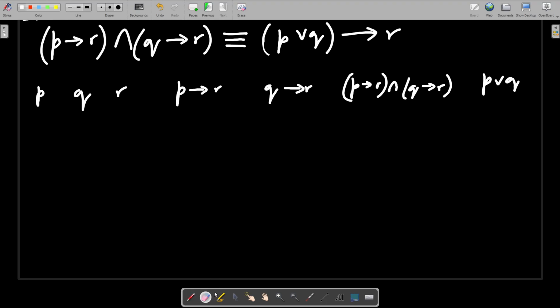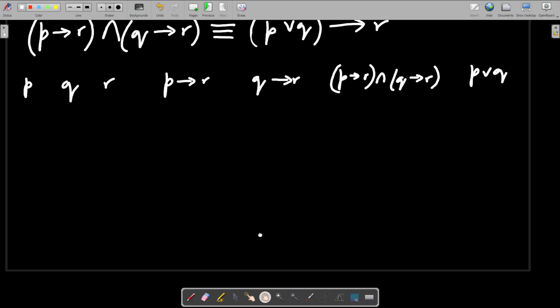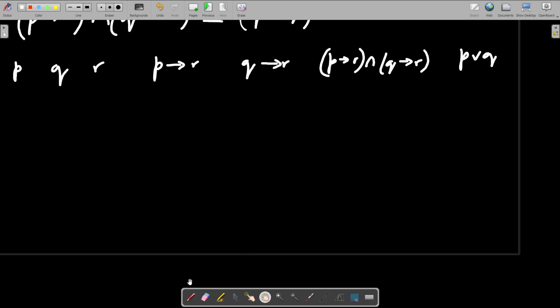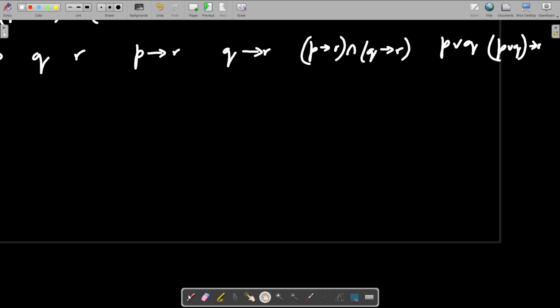I have to build two more columns after this. So P or Q, and next will be P or Q implies R. Okay, let me draw the columns.